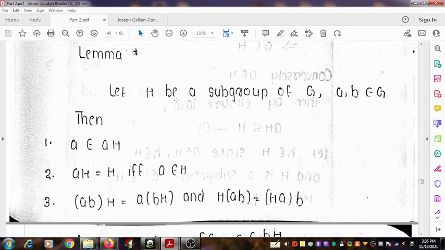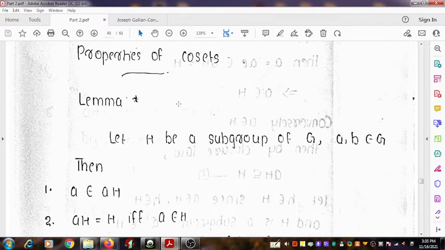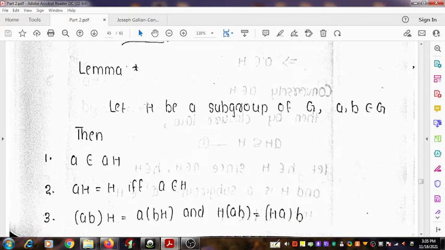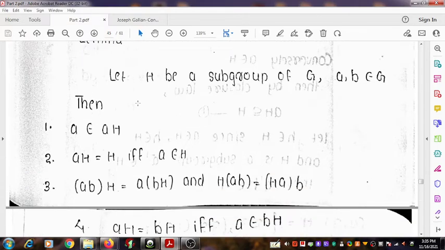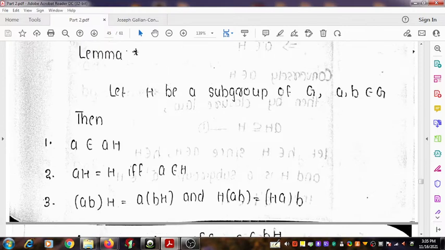There is a list of properties that is satisfied by the cosets. So that is the next result. Let's go through that result. We want to state the setting where the result is going to be applied.